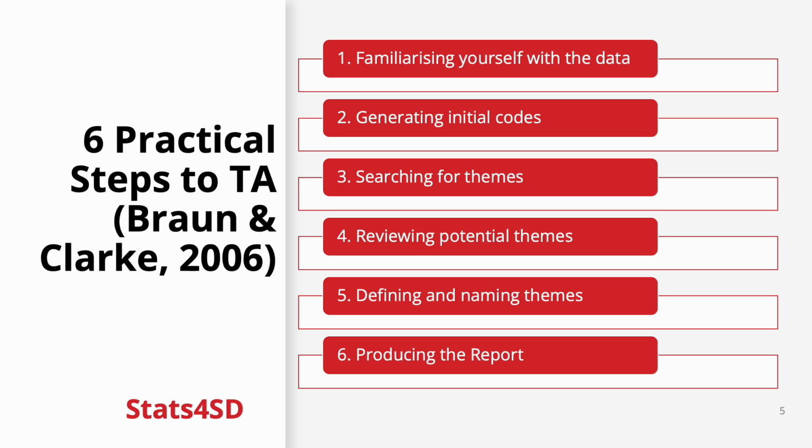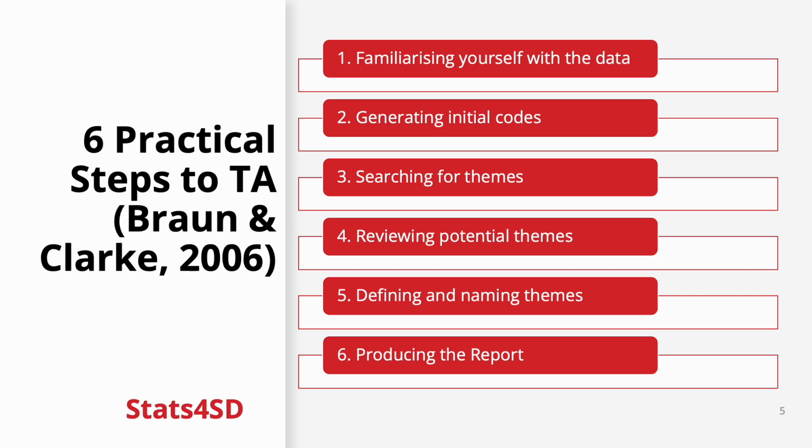Here we will have a brief look at 6 practical steps to carry out thematic analysis, drawing on the work of Braun and Clarke. The first step, familiarizing yourself with the data, involves immersing yourself in the data by reading through it and writing summaries.